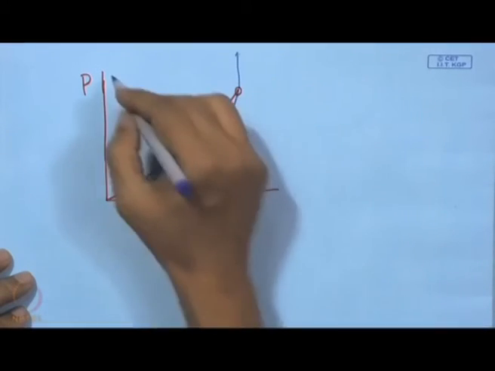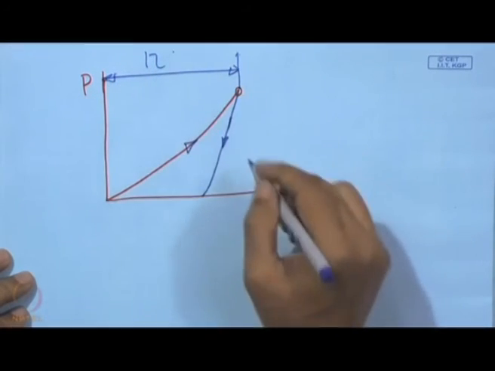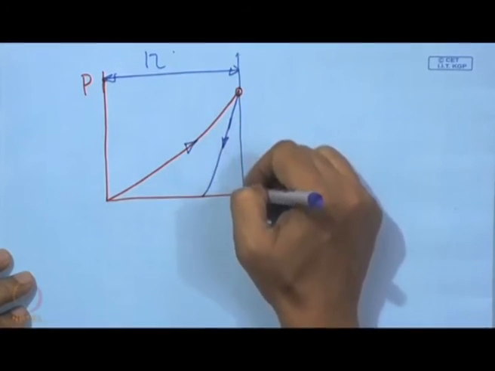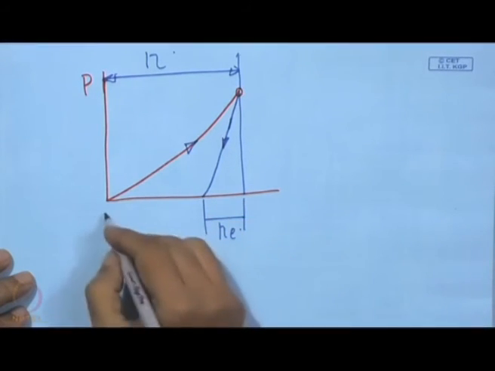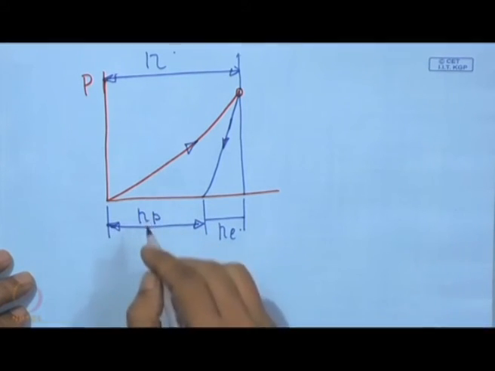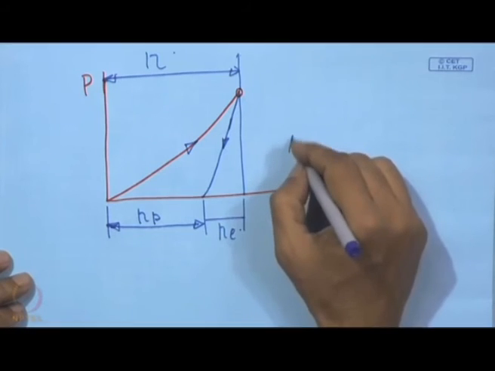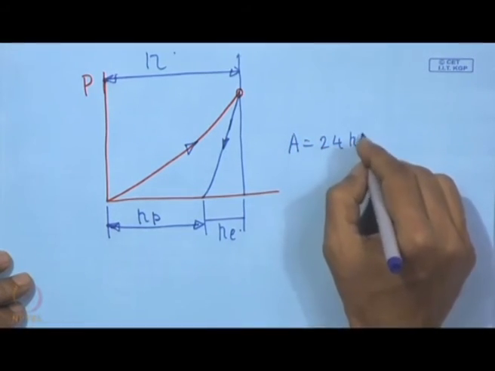This is the total deflection which is known as H, and then this is going to be elastic, and this is going to be HP. So, this HP is actually measured. Here what we write is 24 HP square.